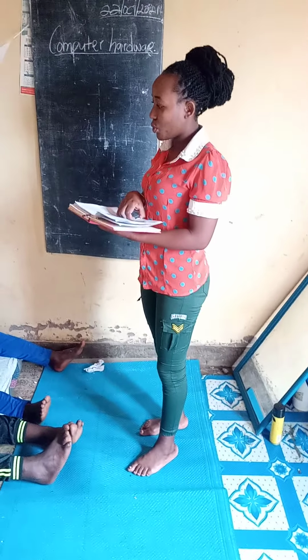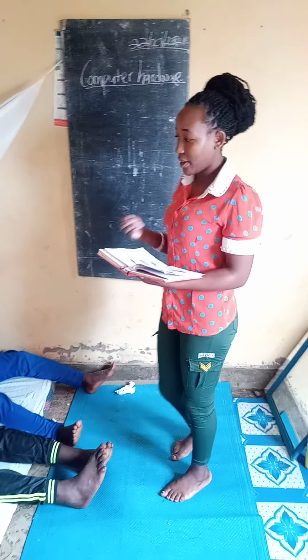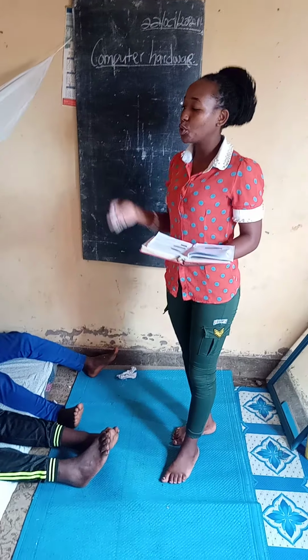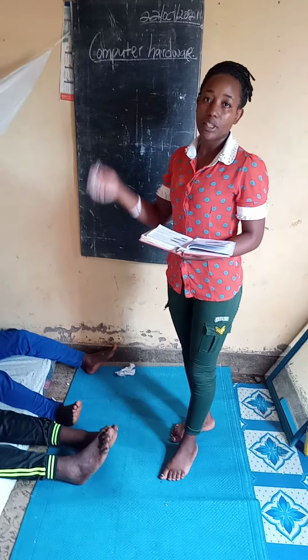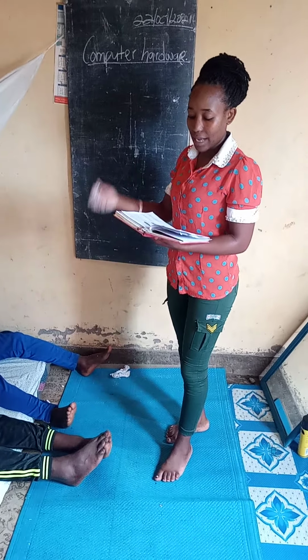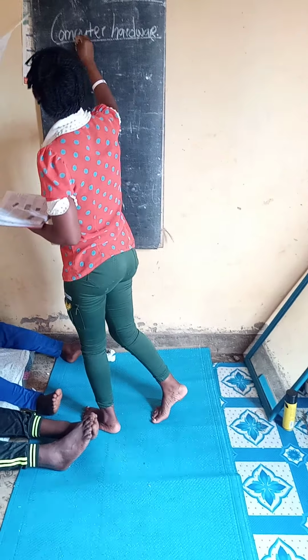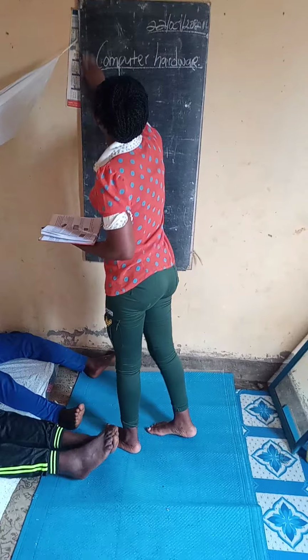So, in short, hardware are those devices that are connected to a computer. They form a computer. They are the ones that make a computer. They are tangible parts of a computer. Are we together? Yes.